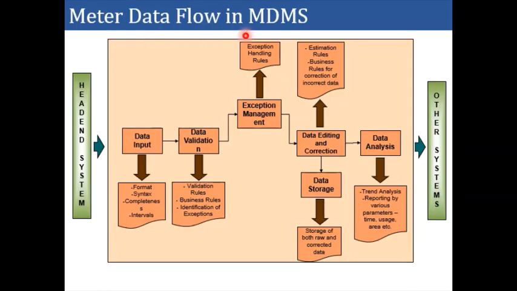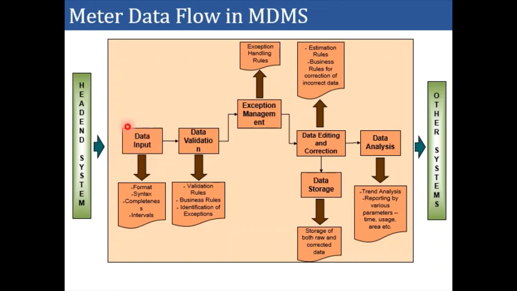Now, how does metadata flow in the MDM? The head-end system will share data with the metadata management system. So what are the various processes which run in the MDM? First is data input.